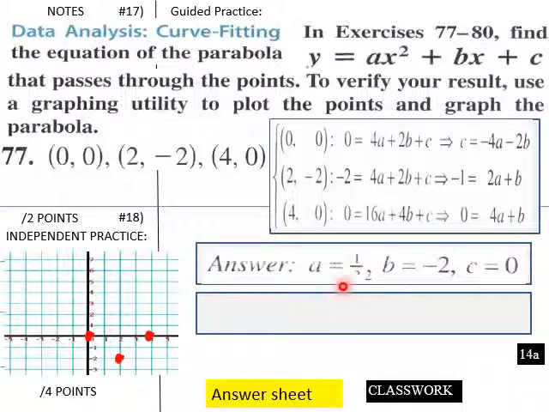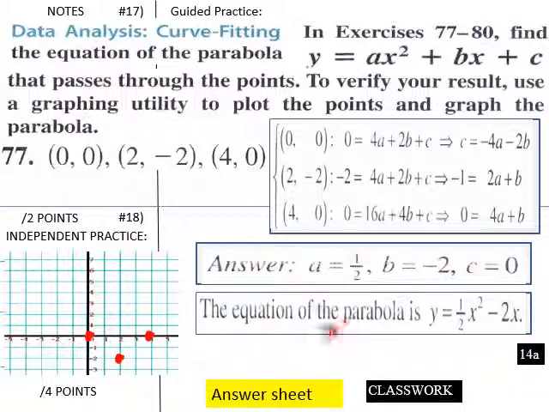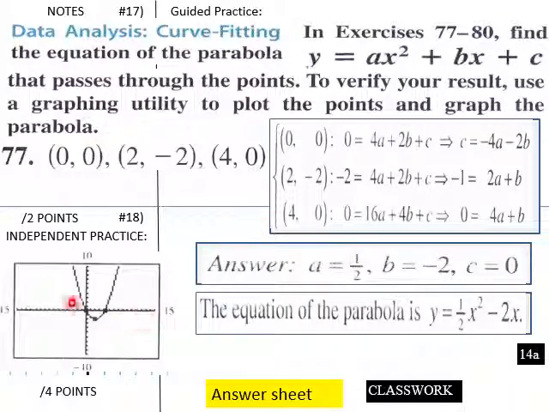So the answer would be a equals 1/2, b equals negative 2, and c equals 0. The equation of the parabola would be y equals 1/2 x squared minus 2x, and then we have no c here. So here is our equation of the parabola represented by these points, and that would be your graph of the actual parabola.